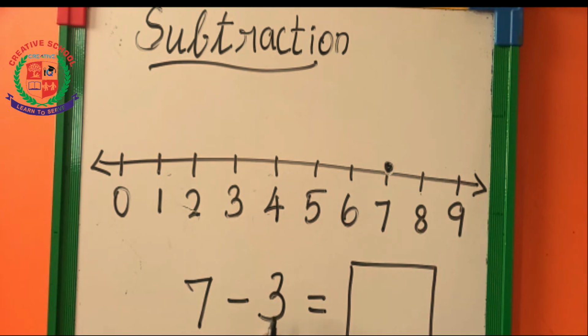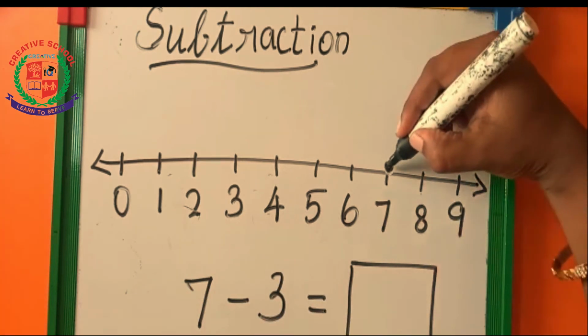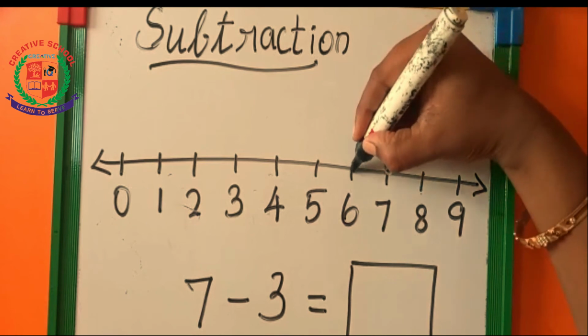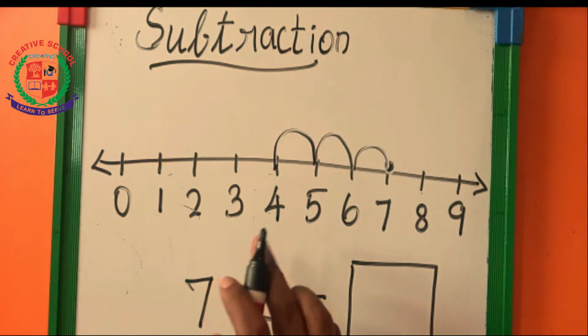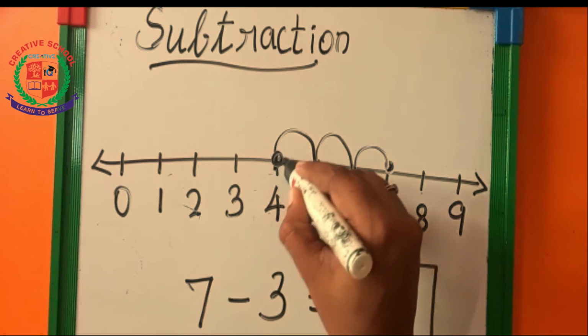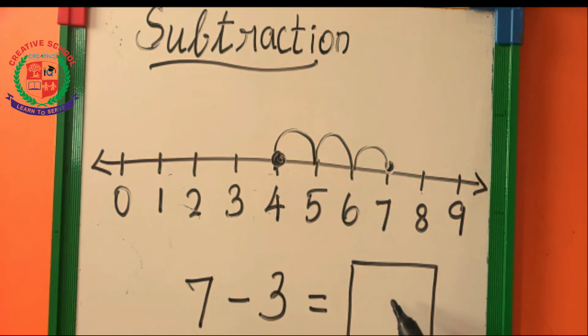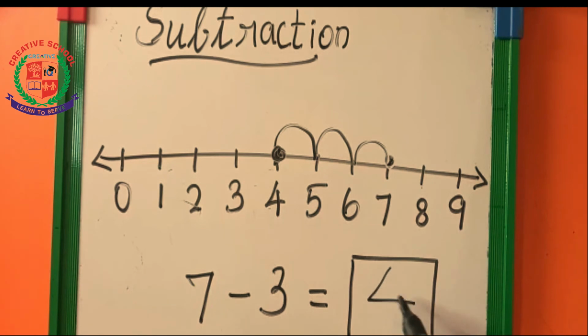Yes. So you have to count backward 3. 1, 2 and 3. So what is the number here? Yes, 4. So 7 minus 3 is 4. You will get the answer 4.